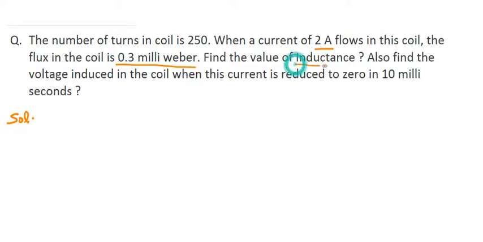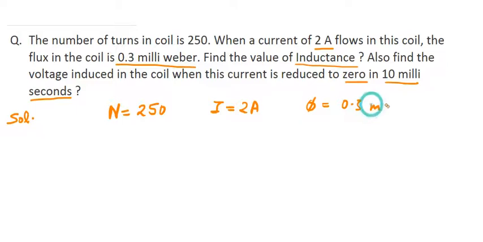Find the value of inductance and also find the voltage induced in the coil when this current is reduced to 0 in 10 milliseconds. We are given that the value of turns N is 250, value of current I is 2 ampere, and the value of flux phi is 0.3 milliweber.